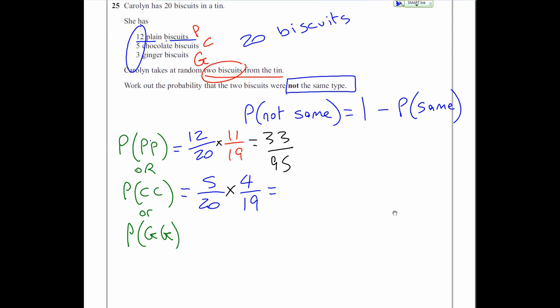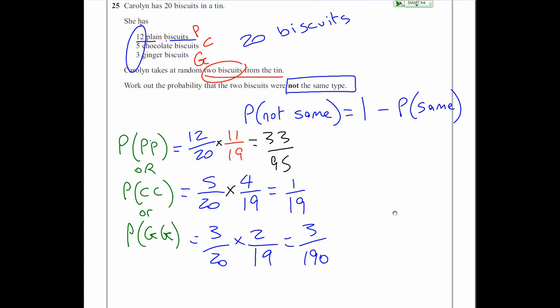So on your calculator, that's 5 over 20, aka a quarter, times 4 over 19, which gives you 1 over 19. Ginger then ginger. At first, there's 3 out of 20. Once you've taken one out, there's 2 left out of 19. So on your calculator, 3 over 20 times 2 out of 19, which is 3 over 190.